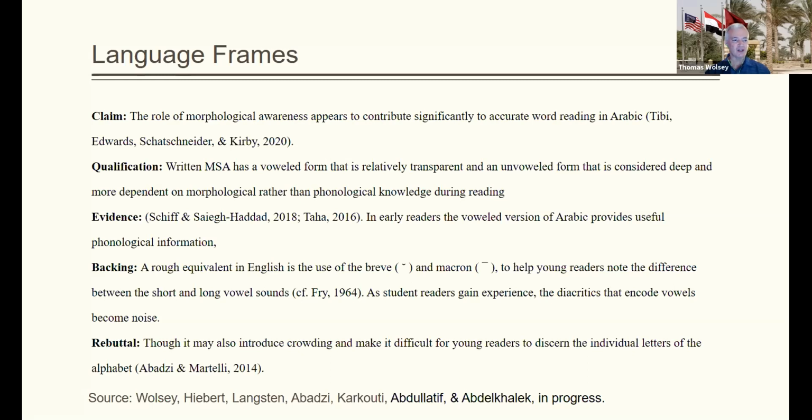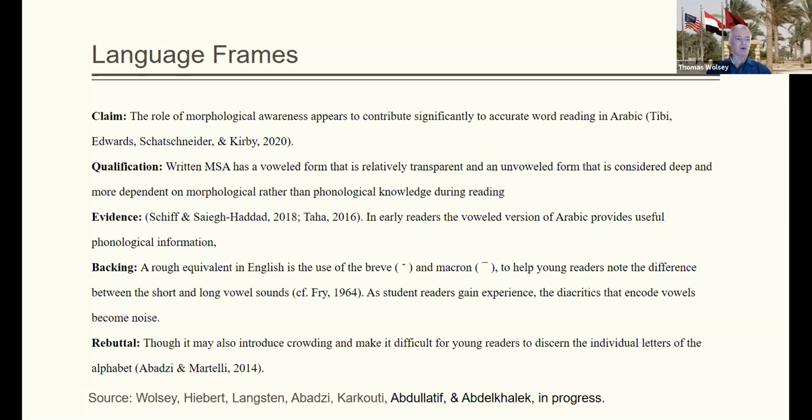So a qualification is that written MSA, Modern Standard Arabic, has a vowel form that is relatively transparent and an unvowelled form that is considered deep and more dependent on morphological rather than phonological knowledge during reading. That's a big mouthful, but morphological has more to do with the shape of an entire word and its meaning units. Phonological has to do with the sounds that constitute that word.